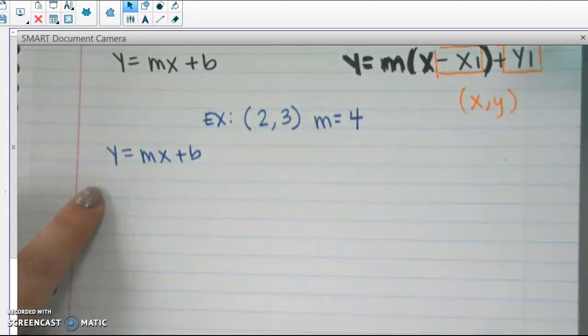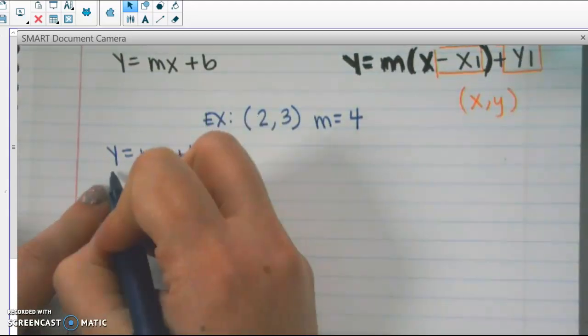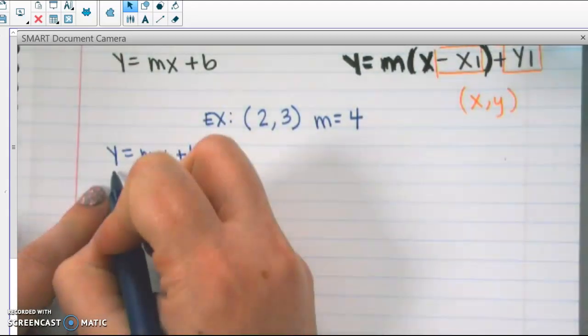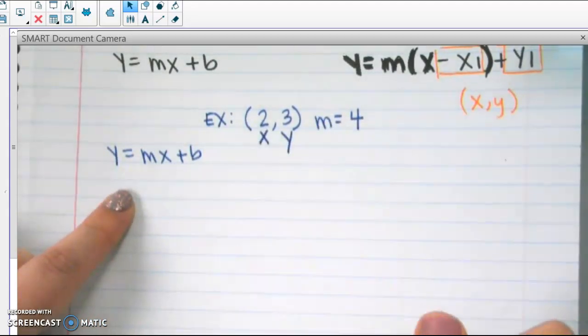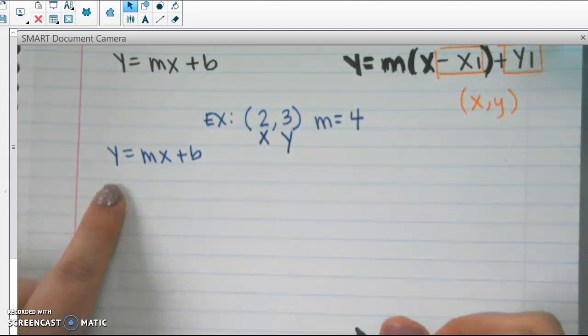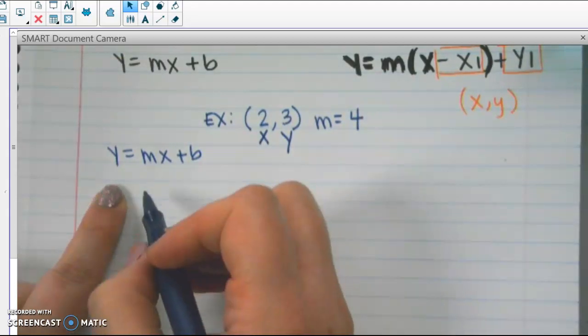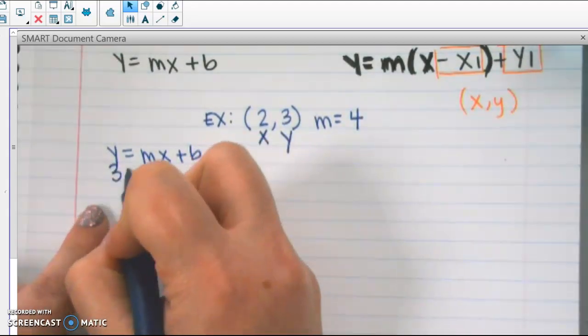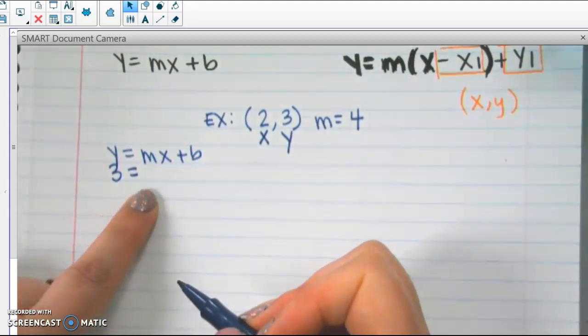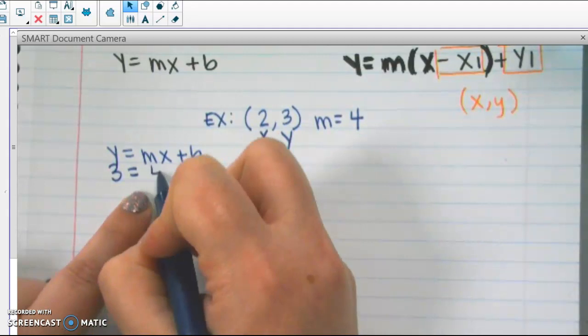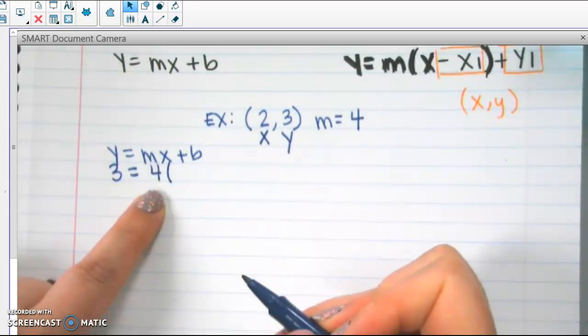So with y equals mx plus b, you are going to make sure that we label x's and y's. And so I'm going to replace the letter y with the number 3 because that's the y from the point. I'm going to replace the m with 4 because that's my slope.